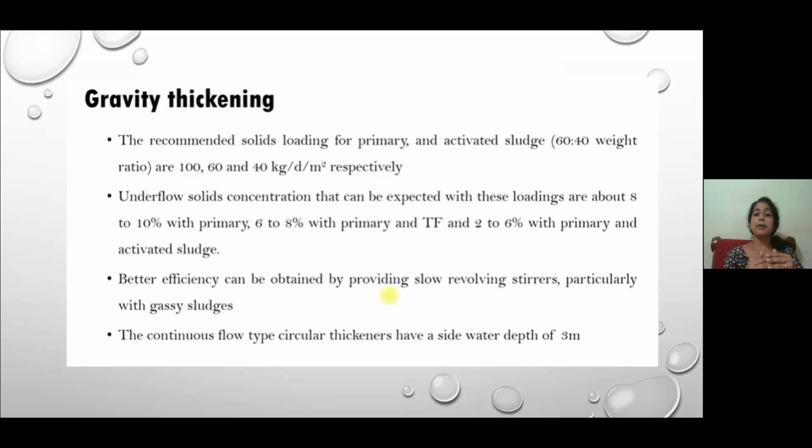Better efficiency can be obtained by providing slow revolving stirrers, particularly for gassy sludges. These gassy sludges will bring solid particles from the bottom of the thickening tank to the top of the tank, and they will mix with the supernatant and come out with the effluent, which is not admissible.